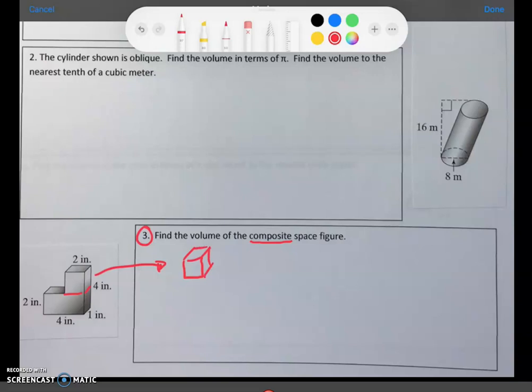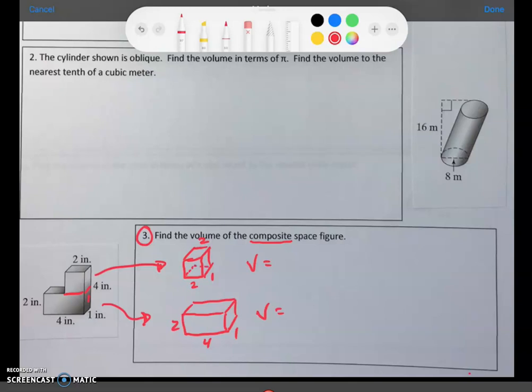Now this one, the numbers almost don't match the picture itself. This looks like a 2 by 2 by 2 box, but this is 2 here, and this is only 1 going left to right. So it's not a perfect 2 by 2 by 2. There is a more rectangular one here. That's 2 up and down, 4 this way, and then 1 left to right. So you just figure out the volume of one of these, and then the volume of this, and then add them up.